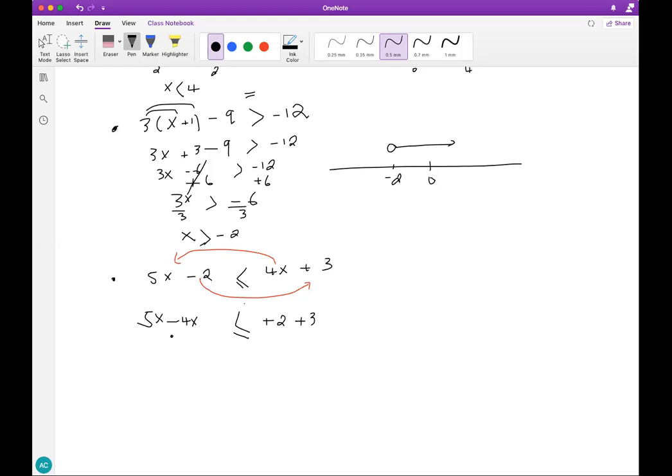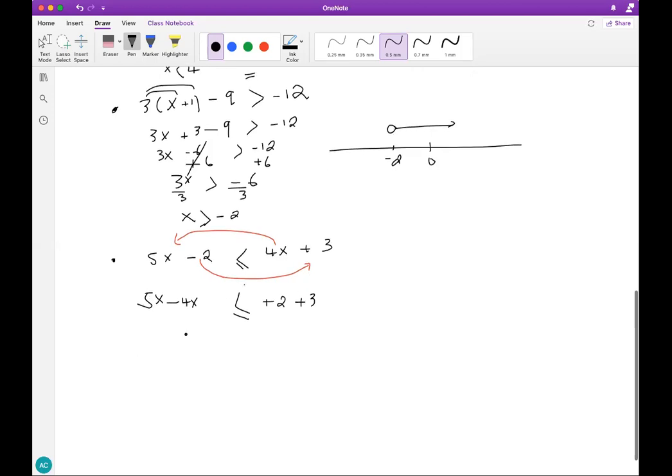So now we can simplify and combine like terms. So we have x here for 1x less than or equal to 5. That's it. So once you get the x by itself, that's the solution. So we need to graph it. As always, 0 in the middle, 5 is positive, so it's going to be on this side. So we want the numbers that are less than 5.